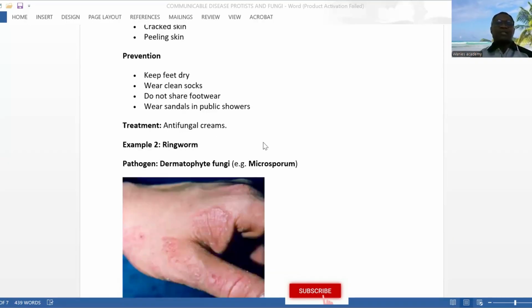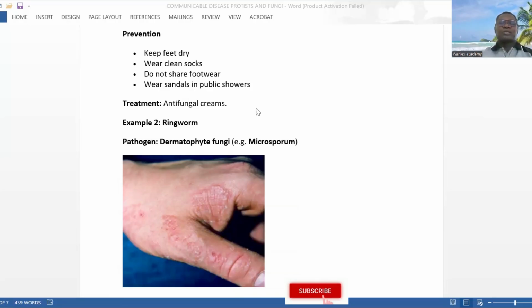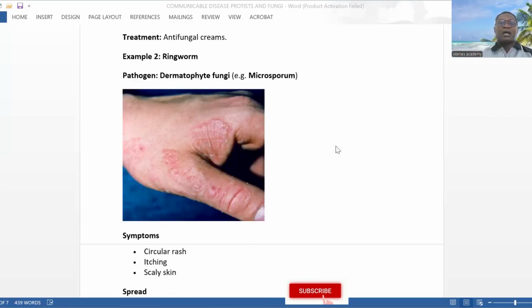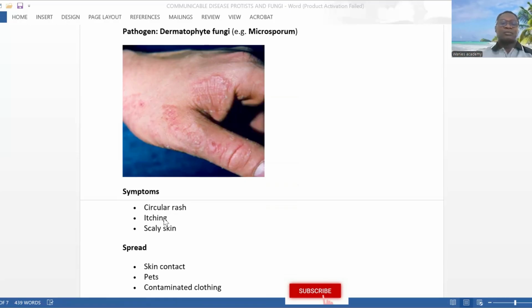Now, the second fungal disease we'll discuss is ringworm. Ringworm is caused by dermatophyte fungi, such as Microsporum. You can see it affects the skin. This is just a diagram of ringworm on the hand. It causes a circular rash and itching on the arm or the body.